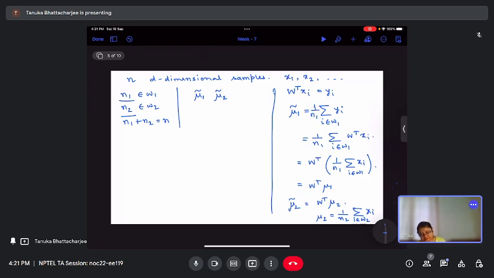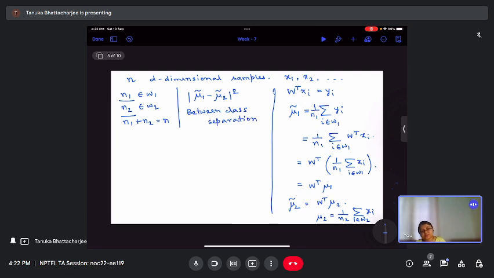So basically we take the difference of these two as the measure of the between class scatter, rather we take the square of this. We take the modulus square of this as the measure of between class separation. Between class separation is modeled by this.